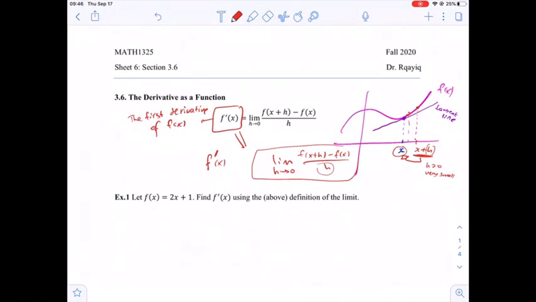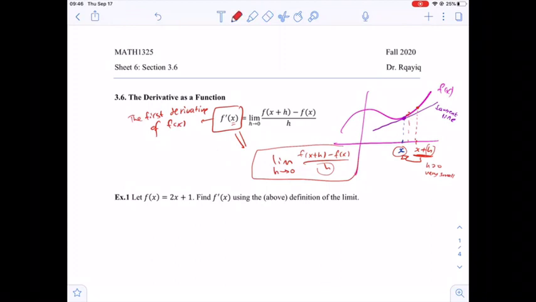And this is actually a function because we have the variable x here. Even if we compute this and we get f prime of x equals 5, for example, a constant, it's still a function. After finding the limit, we may get, for example, 5x plus 1. This is a function, and this function is called the derivative of the function.